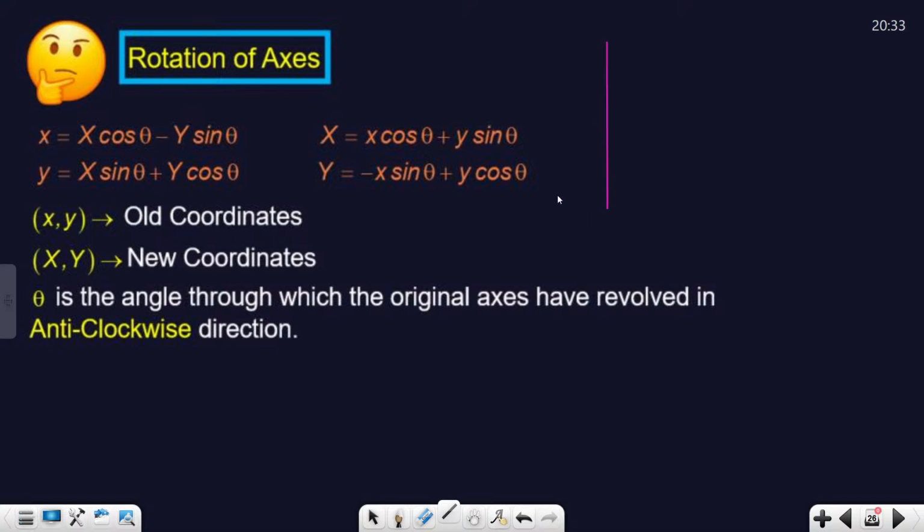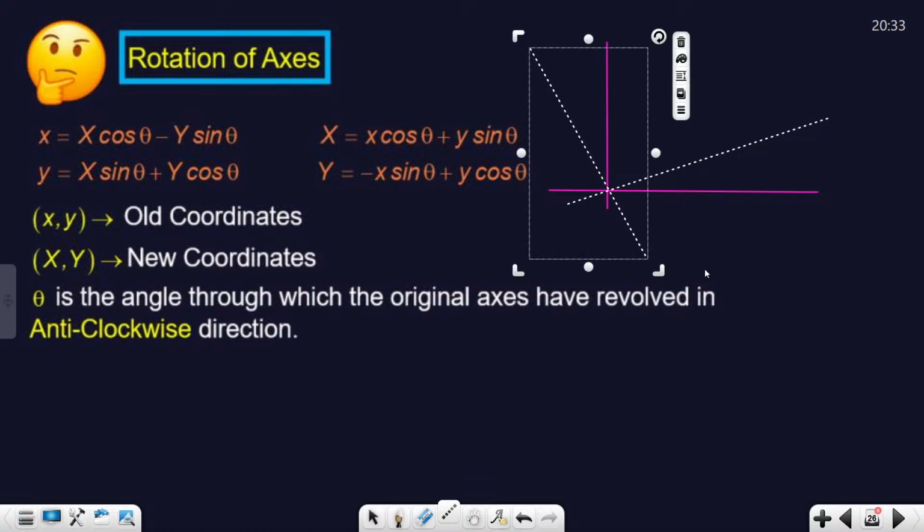This is the old system. And the new system, let me change the color. This is the new system. I'm sorry, this is the old system and this is the new system. The dotted line is the new coordinate system.